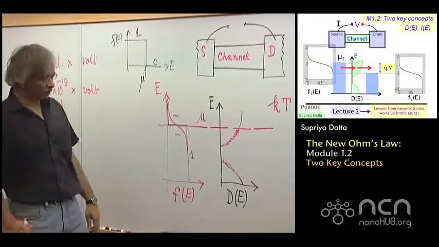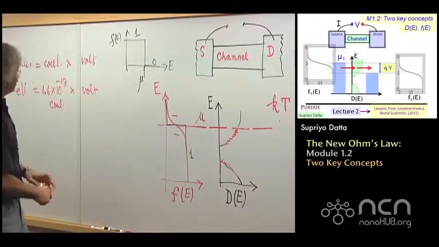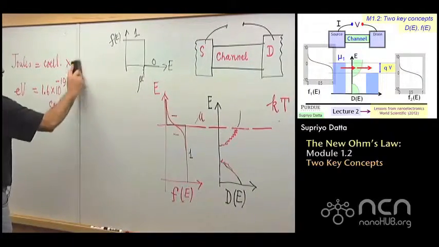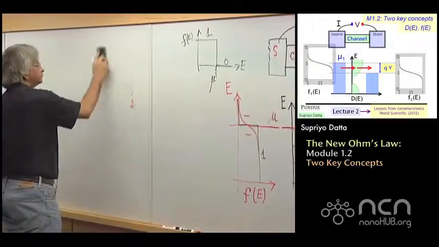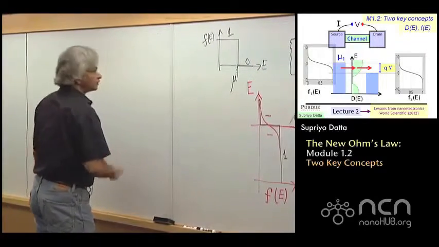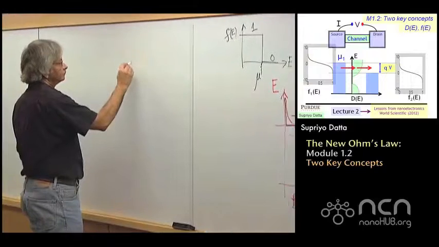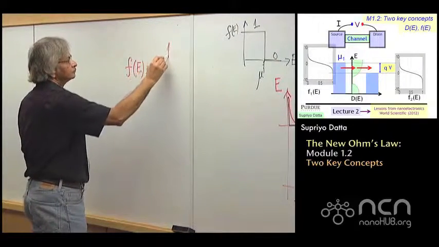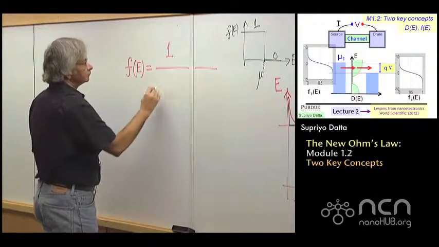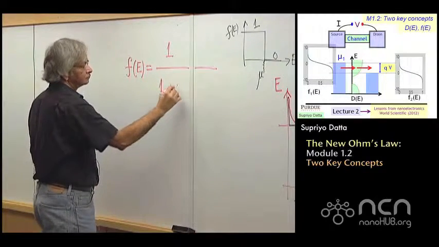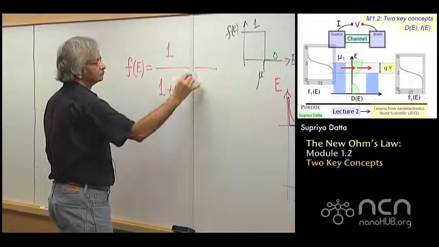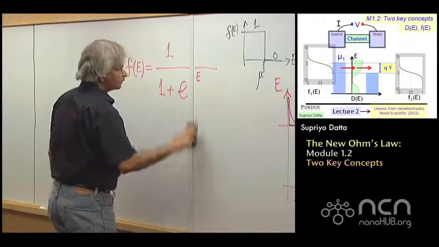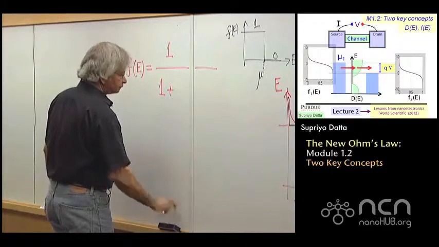And what the Fermi function looks like, let me write it here, is the following. Maybe I'll write it as exponential.